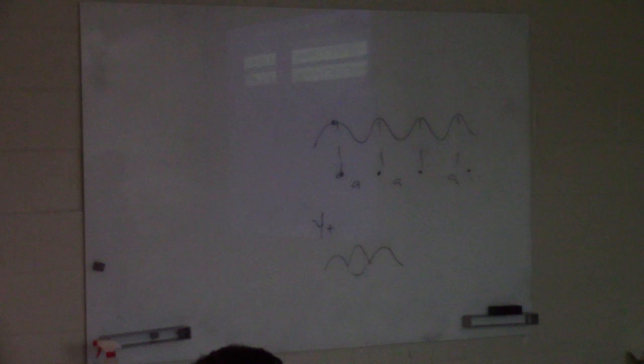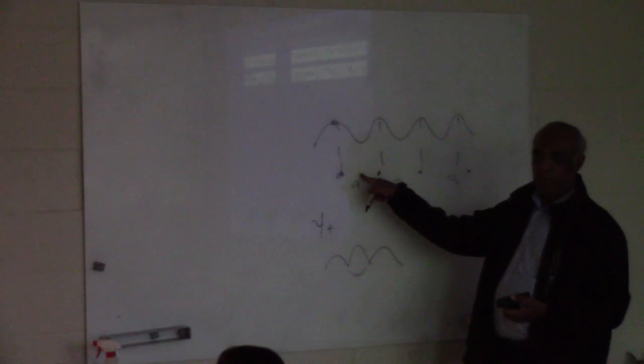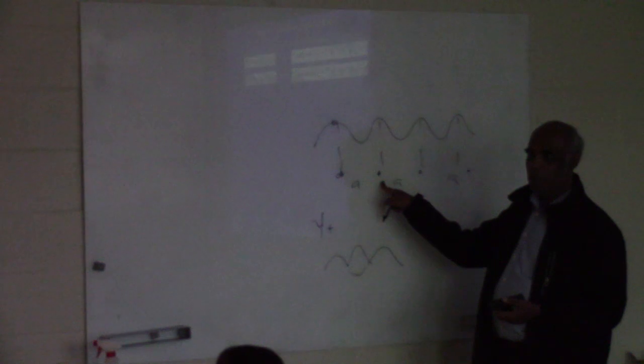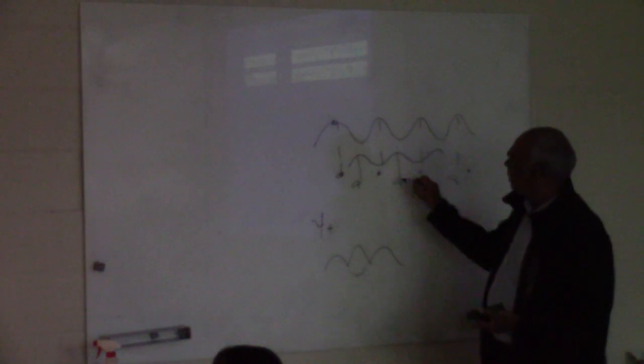You get x equals a by 2, 3a by 2, 5a by 2 like that. That means your electrons now will be localized where? The center of the two atoms, right? A by 2. That means you have the maximum here. This is a by 2, right? 3a by 2 like that.